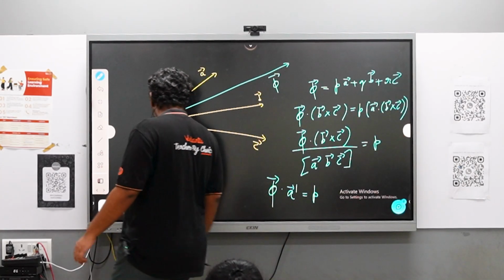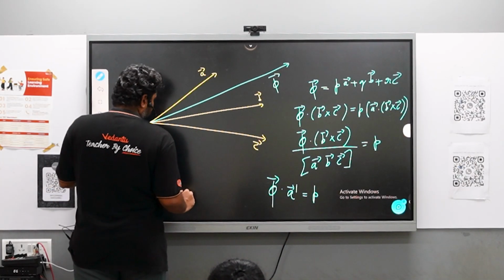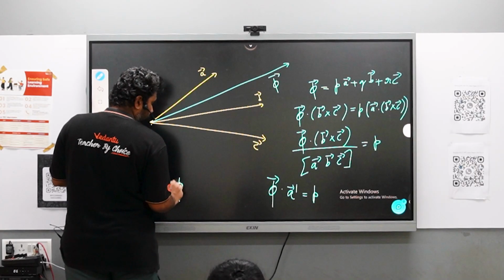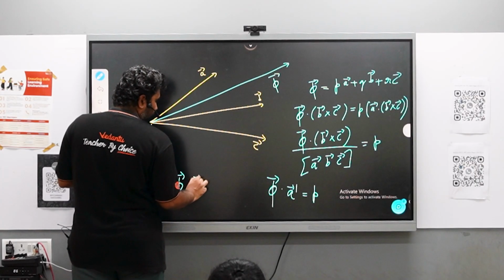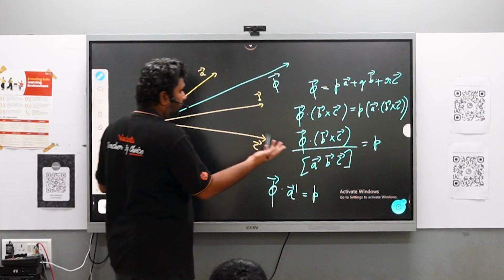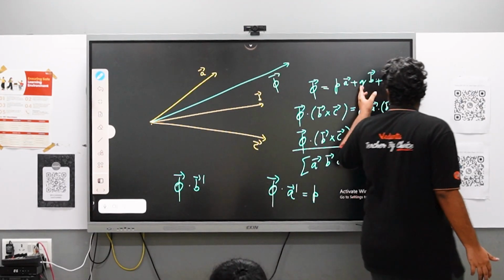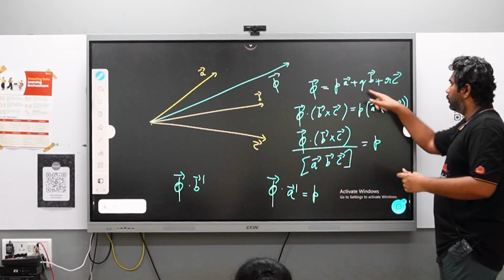In the same way you can do this also. You can also observe phi vector dot B vector dash. So if I want to get Q, what will we do?